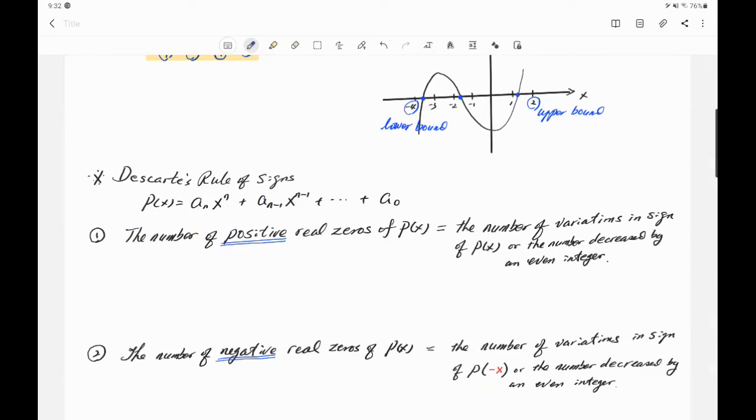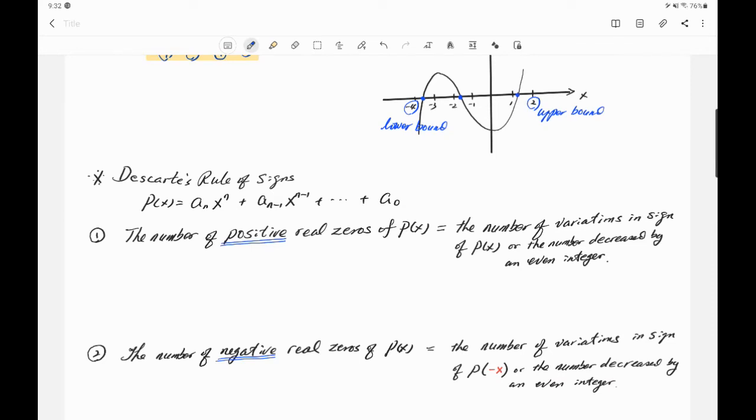All right, the next definition is really useful as well. Descartes' rule of signs. Let's say P of x is a polynomial written in descending order by the degrees, so the largest degree comes first. Then the number of positive real zeros, when we make P of x equal 0, what are these x values?